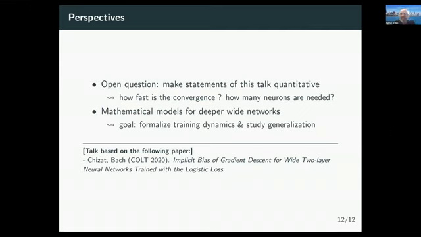I'm wondering if you think that the issue is the width or the training time. Do you think it's possible that with polynomial width one could actually solve it with super polynomial training time?